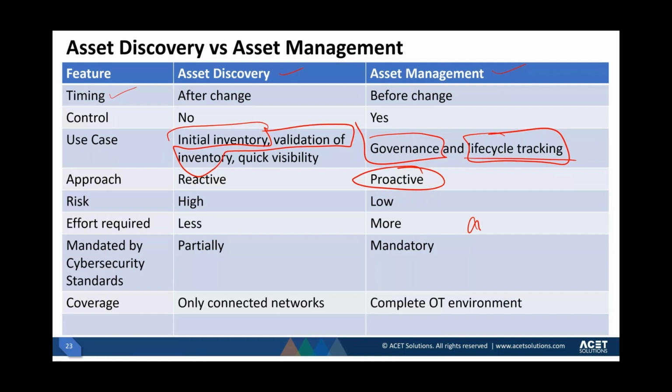The reluctance of end users to allow active scanning for network discovery on the network is also understandable, because at the end of the day, they don't want any kind of disruption in their plants. We all know that availability is king in an industrial environment. You run a scan and cause a shutdown, you will be out of the door the next minute.